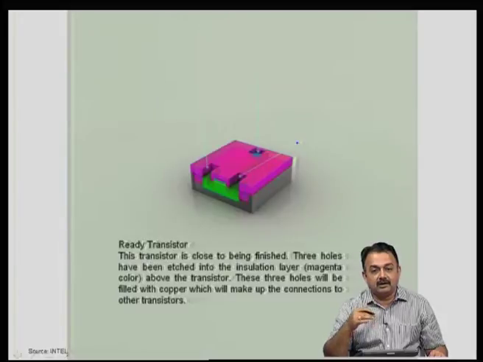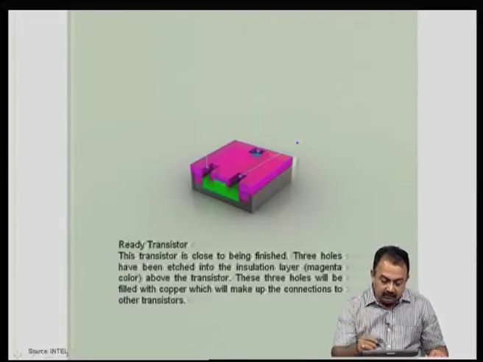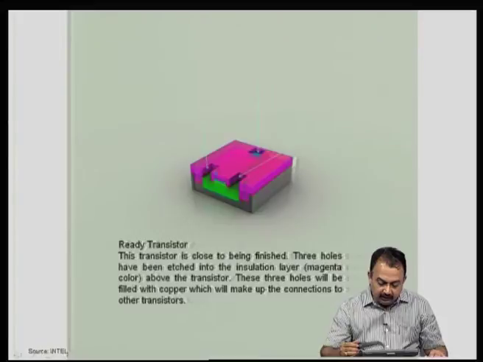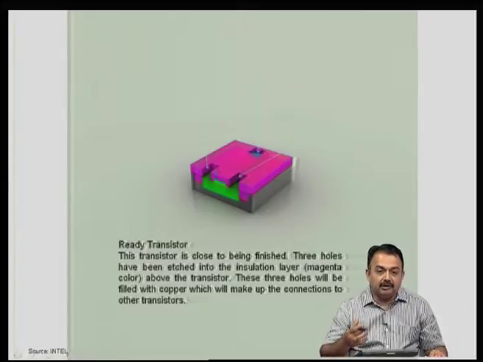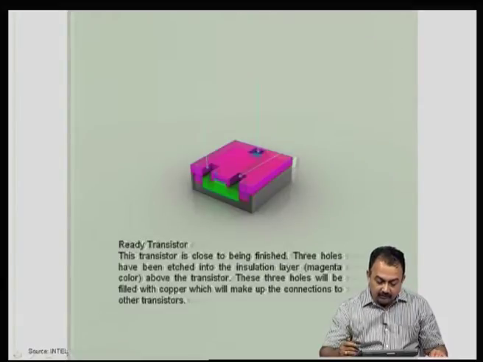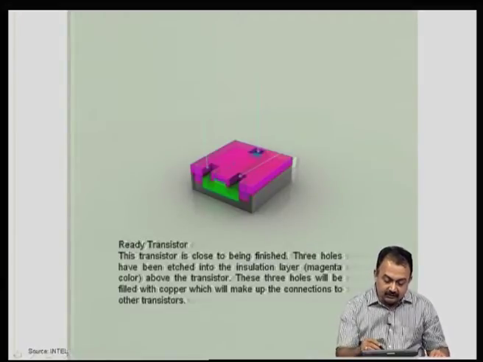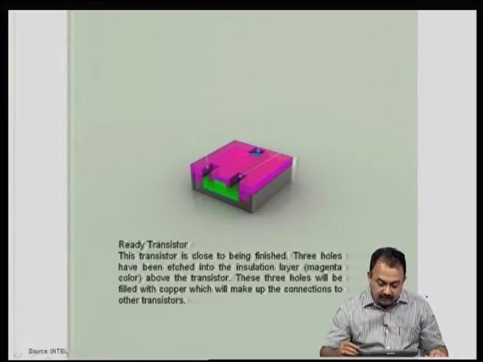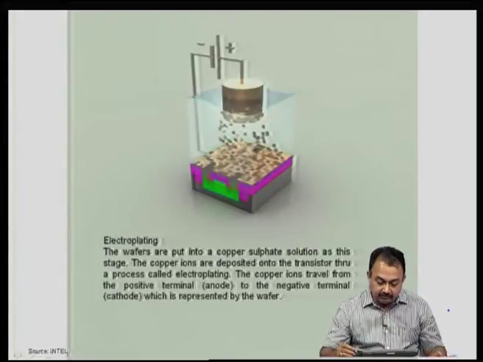These holes are generated now and these holes will be filled with the copper conducting material, which will finally be the connectors for these transistors. I hope it is very clear. The top surface is magenta in color, which is the passive oxide layer, and the arrows shown here which represent the 3 holes represent the transistors for this particular device.